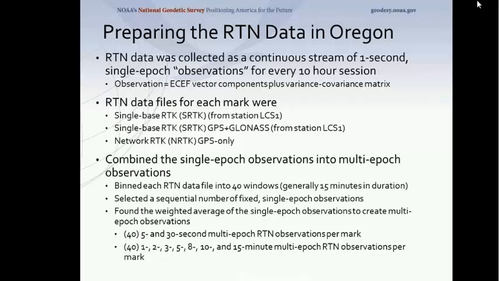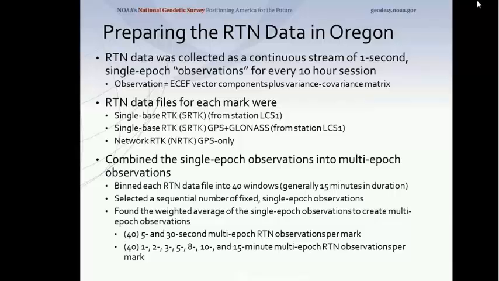I wanted to simulate that using this 1-second data, for a range of observation intervals. So we wrote a script that divides each data file into 40 windows, each about 15 minutes in duration. Then we selected a sequential number of fixed single-epoch observations, so no floats; if it was floating, we discarded it.